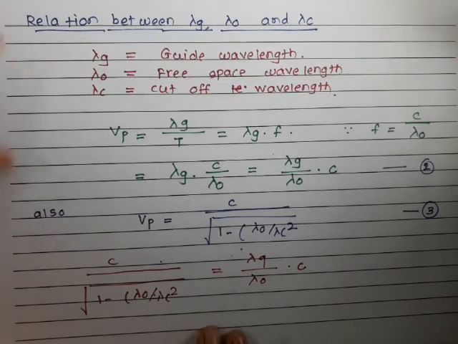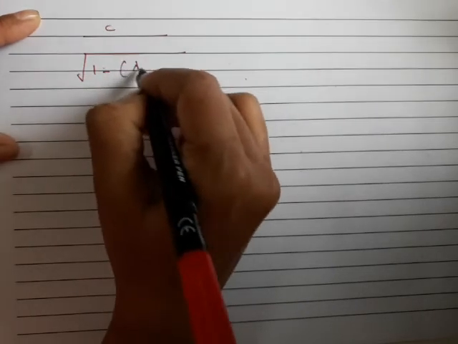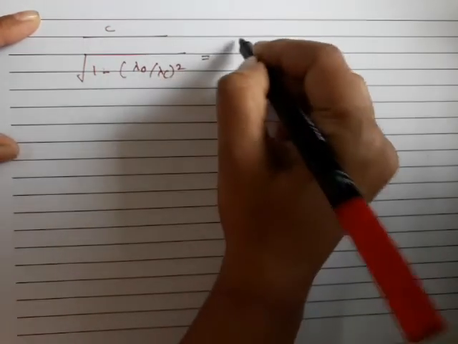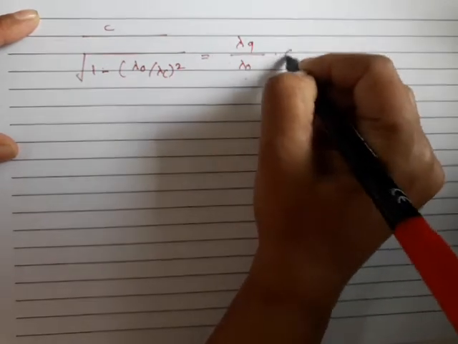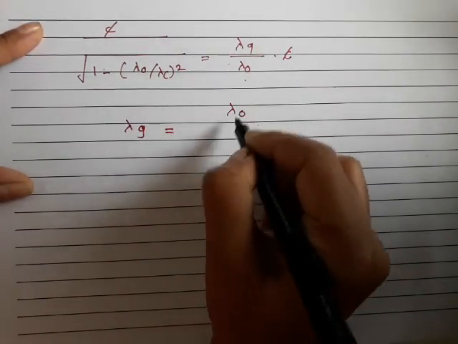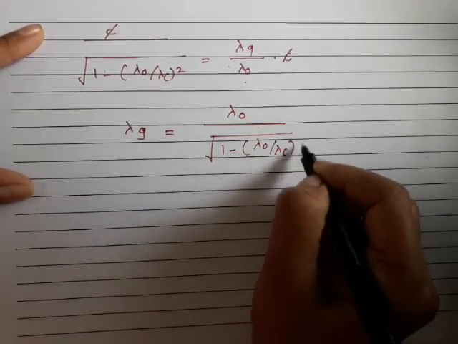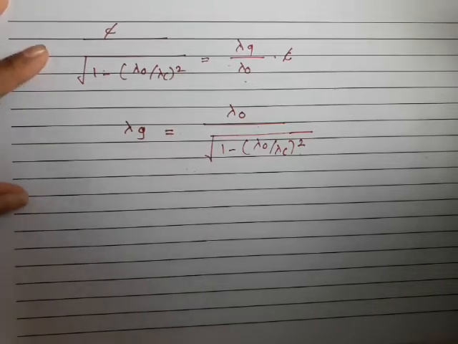Now here c on both sides will get cancelled, and further I can write lambda g is equal to lambda 0 divided by root of 1 minus lambda 0 by lambda c whole square. So we have got the guide wavelength.